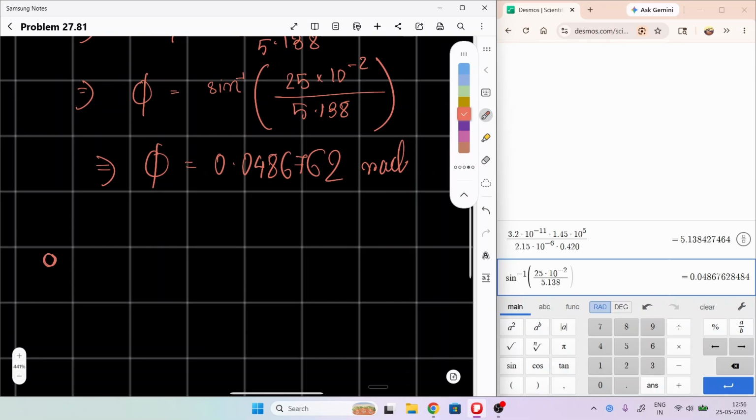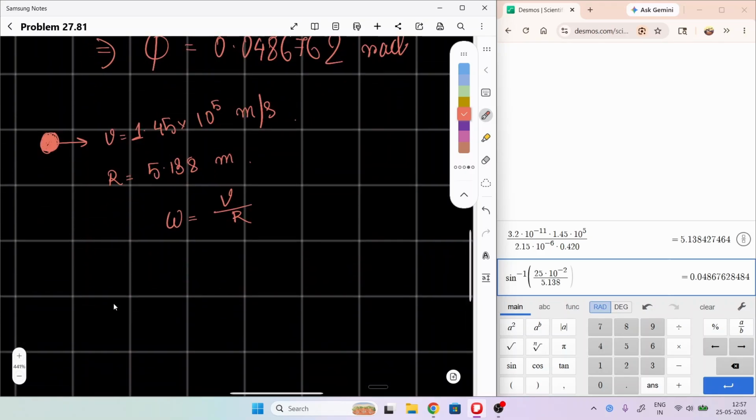The charged particle has a velocity 1.45 into 10 raised to 5 meters per second. So its radius of curvature of circular motion is 5.138 meters. We know that for circular motion, angular velocity is v upon r.